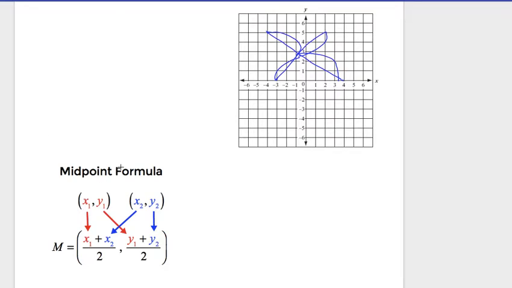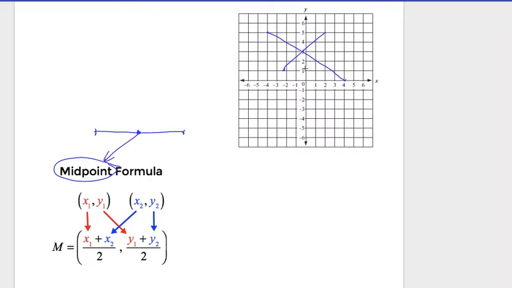So what is the midpoint formula? Let me erase this part to make it more clear. For example, I have two random segments here. Midpoint is very straightforward. I give you a segment, and the point in the middle of the segment we call the midpoint.